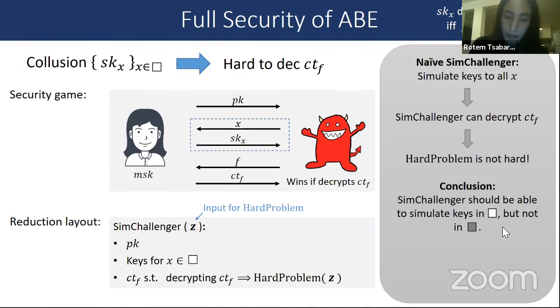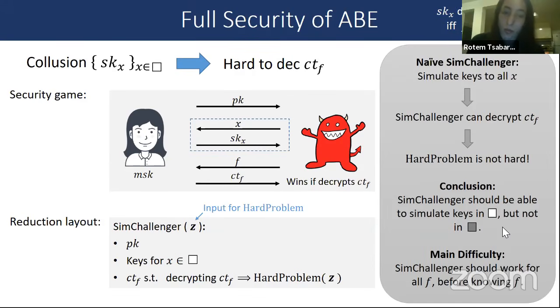But the inherent problem with this requirement is that we don't know what the white attributes and the gray attributes are up until the challenge phase, because this partitioning of the attribute space is determined according to F, and the adversary only sends F during the challenge phase. But we have to already generate keys in the key queries phase. So this is why it should be hard to prove full security or adaptive security.